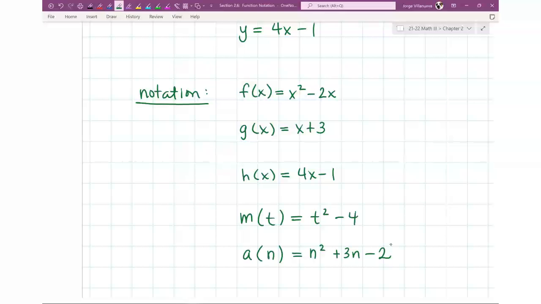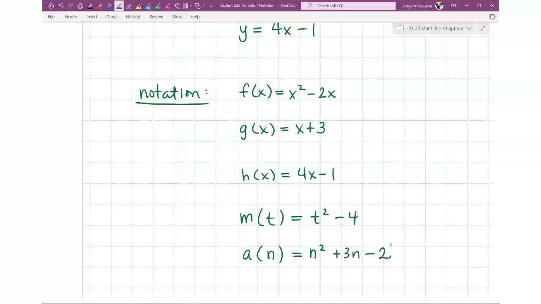So inside the parentheses tells you what goes inside the equation. The letter on the outside just tells you the name. So right here we have 5 different equations, f, g, h, m, and a. And I could easily tell you what is equation m, and you'll know exactly where to go, m of t, right? What is equation h? Well, that's h of x, right? So it's just a way to write a name for it.